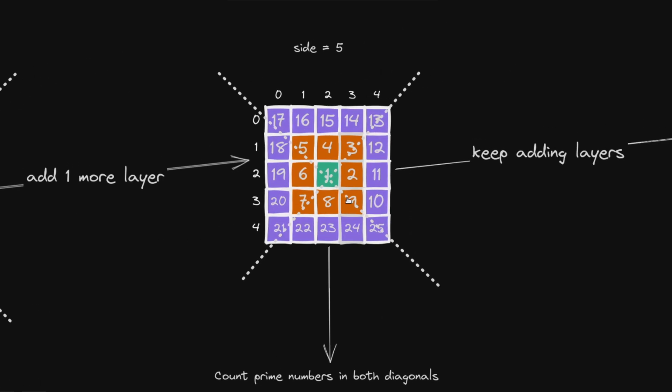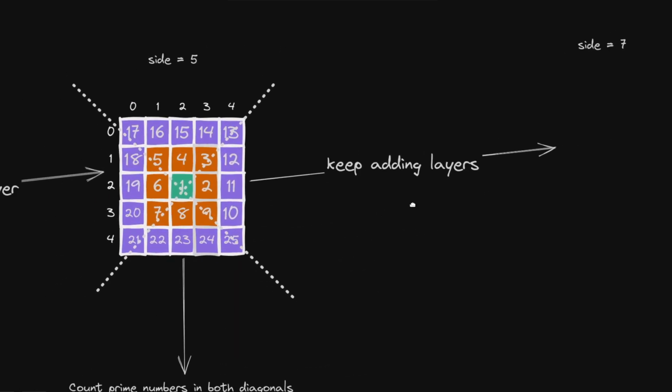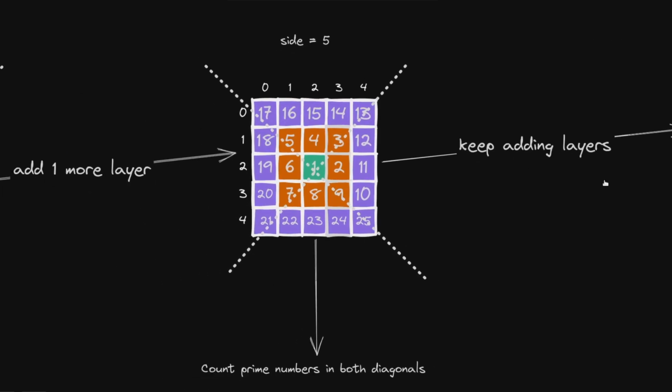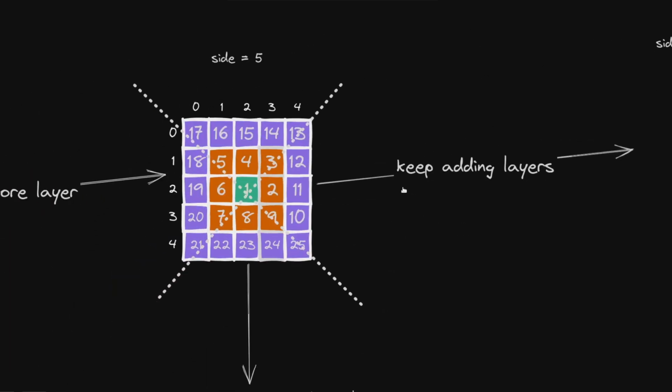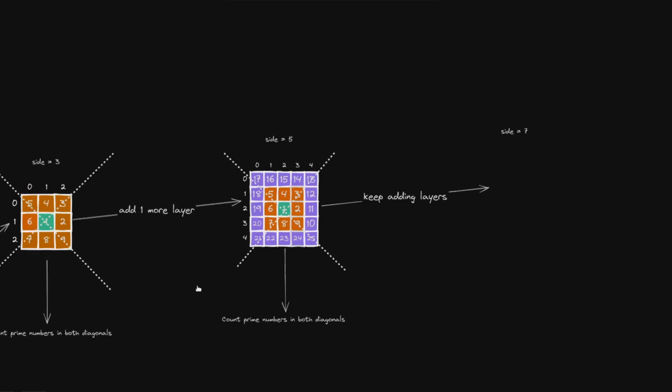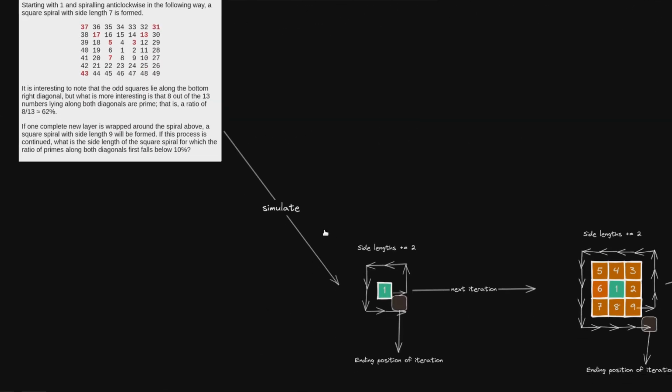So here also we are going to start at 9 and perform the anti-clockwise spiral of adding layers, and this process goes on, and we need to find out for which side length the ratio of the primes along these two diagonals falls below 10%. So this is the question in brief.